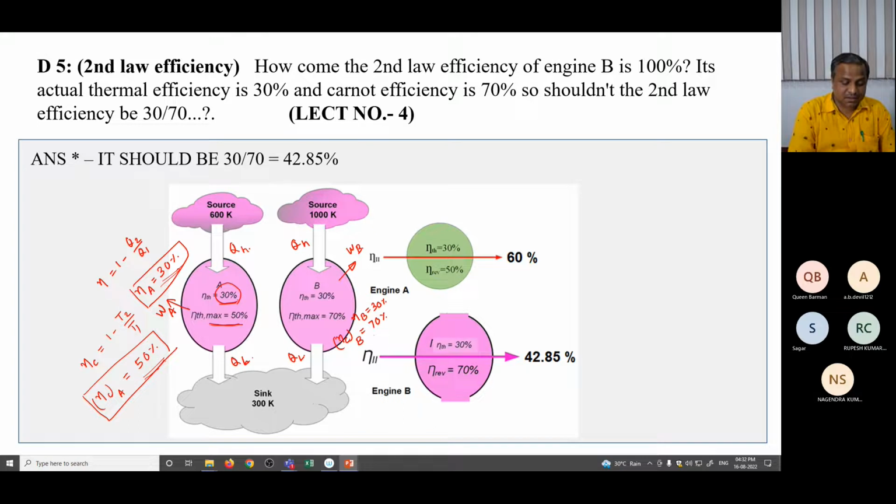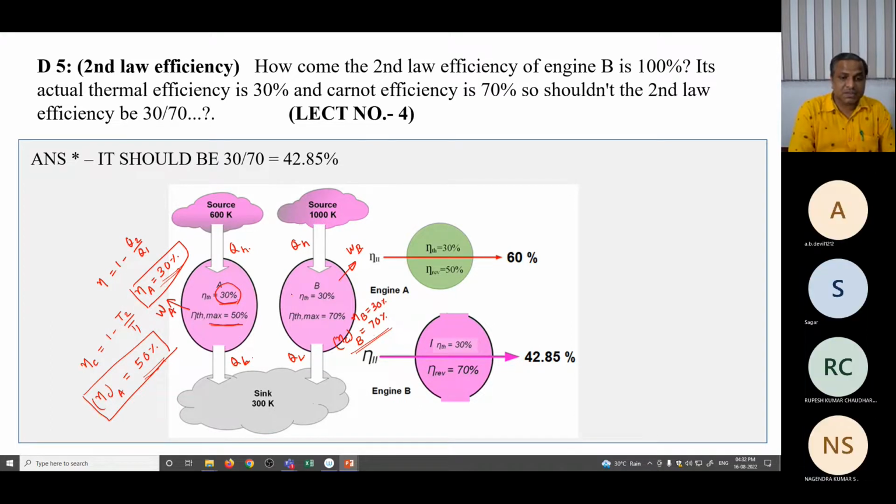In the second case, engine B has a capability of 70%, but it is actually producing 30%. So although both engines have the same cycle efficiency, the second law imposes that one of the engines is not doing its best. That is the reason the second law efficiency was defined, taking Carnot efficiency and actual efficiency into account.